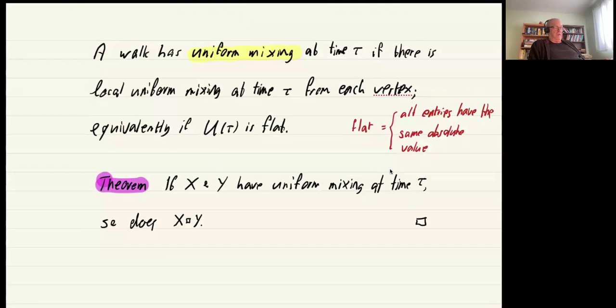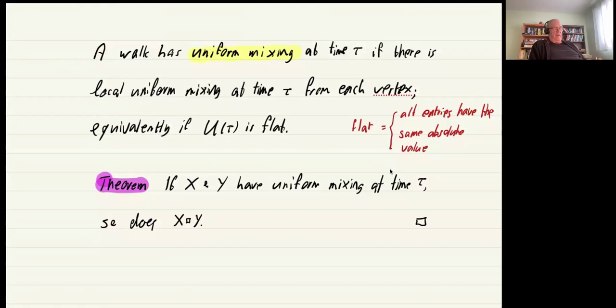We say the graph has uniform mixing at time tau if there's local uniform mixing at time tau from each vertex. Now, this is equivalent to the assertion that at time tau, the unitary matrix has all its entries with the same absolute value. And that is what I'm calling flat. So we have uniform mixing if U(t) is flat. We have local uniform mixing if some column of U(t) is flat.